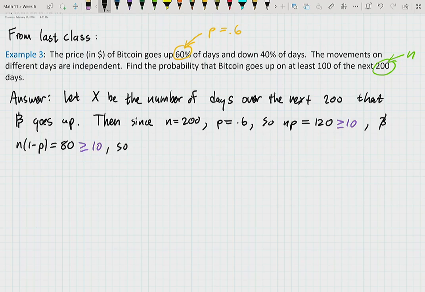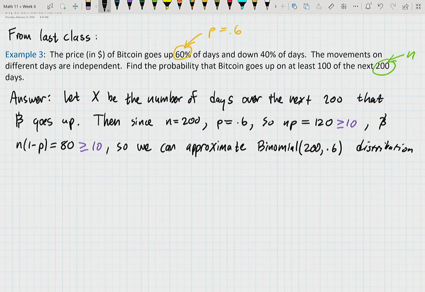So we can approximate the binomial (200, 0.6) distribution with a normal distribution with mean being the expected number of successes, or days that the price is going to go up.